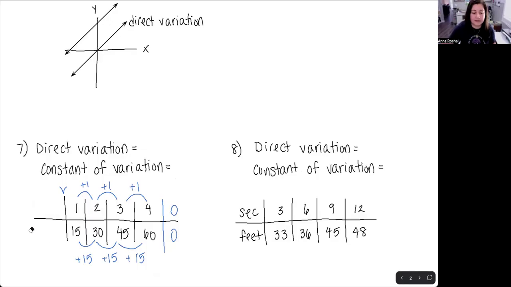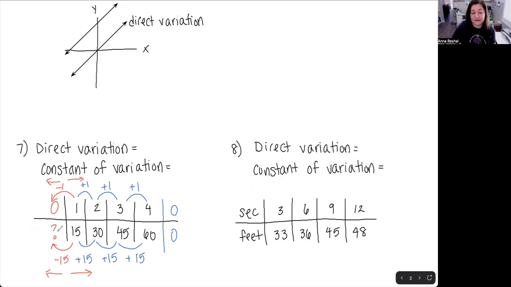Actually, I'm gonna erase this and this, and we're gonna put in 0 at the very beginning. So we're gonna put 0 here, and then this is gonna be my question mark. So if I know I'm adding 1 in this direction, when I move in that direction, I have to subtract 1. So again, if I'm adding 15 in this direction, when I move in that direction, I have to subtract 15.